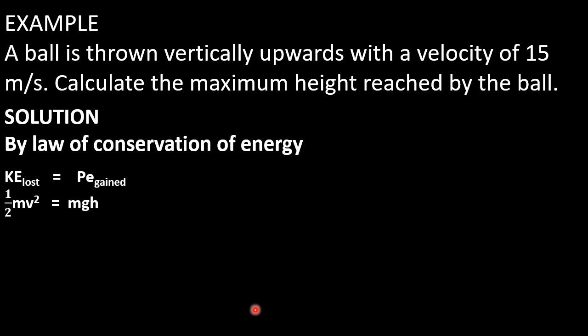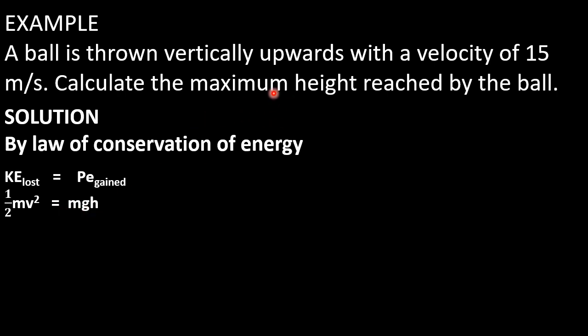So when you throw it up so that its height increases, its potential energy increases. So kinetic energy changes to potential energy. All you have to do is bring in the expressions for each form of energy. The kinetic energy is half mass times the square of its speed. This is equal to mgh.